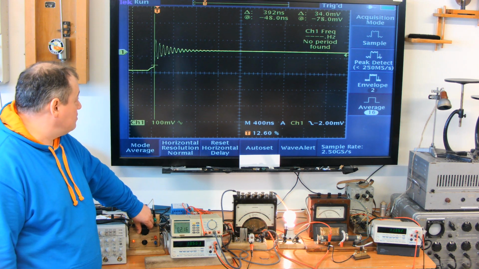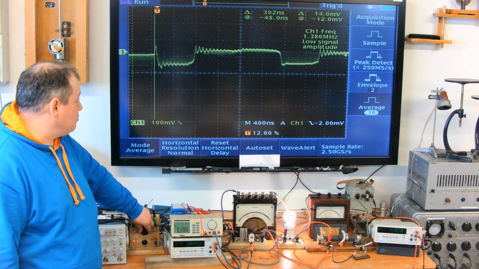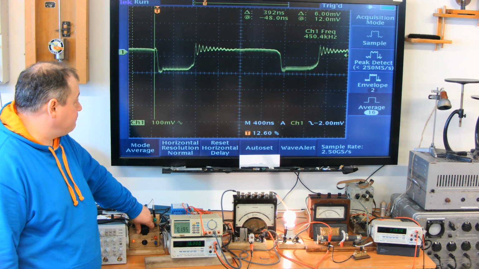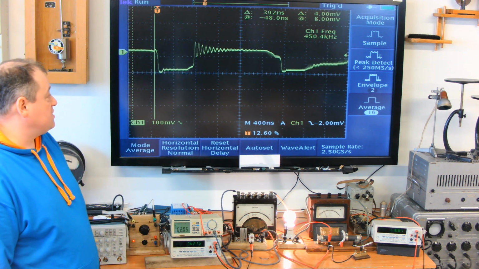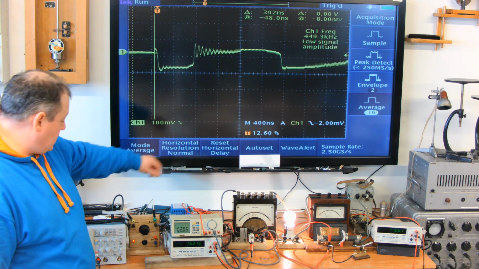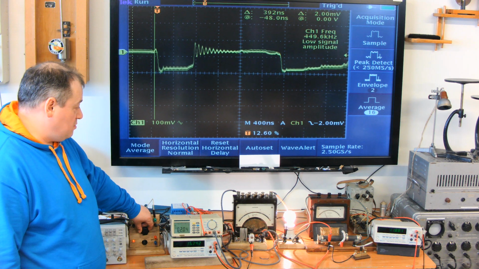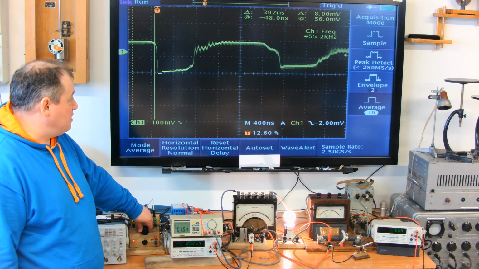Now, you see, operation is no longer possible. Here 15 volts, it's on the margin, it still operates, still can maintain the load voltage stable.